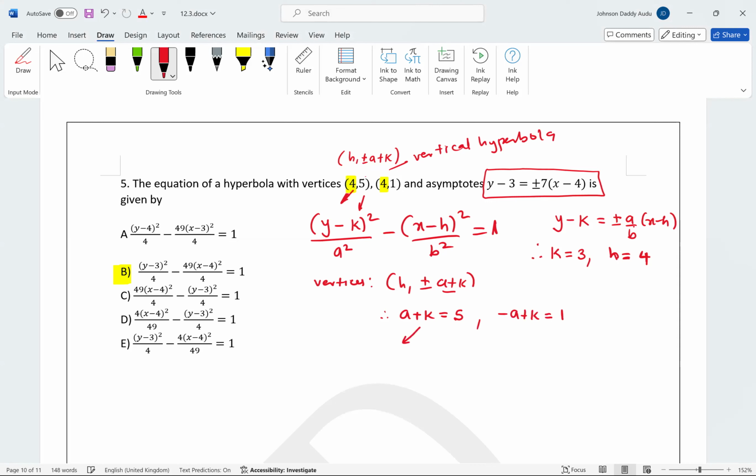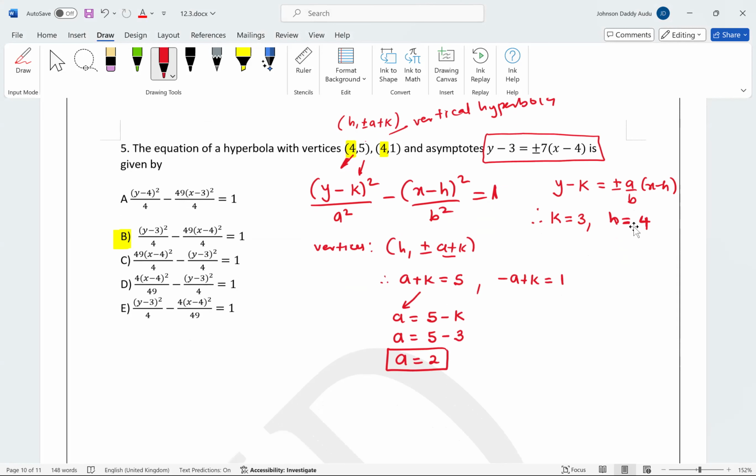But from here, you can see that a is going to be 5 minus k. So a is just 5 minus, we know what k is, which is 3. So a is equal to 2. So we know a is equal to 2.